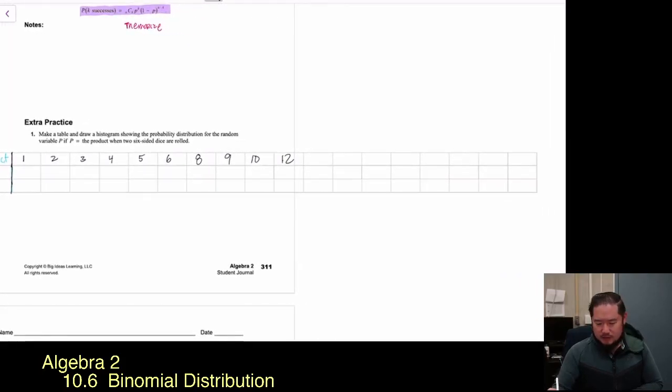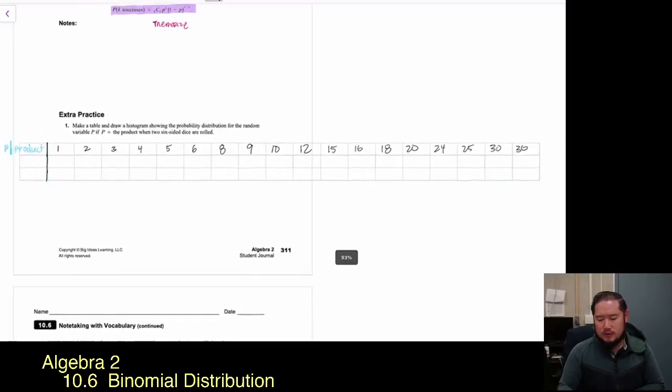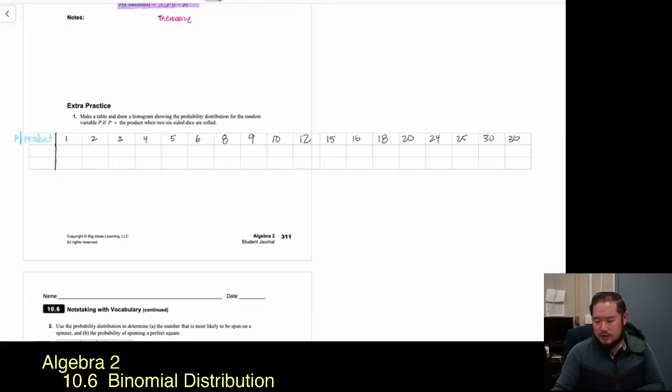So I'm going to go ahead and just put them all down. Hopefully now you understand how I'm getting these numbers. So these are all different factor combinations with the two dice. Like 36 will be if I roll a 6 and a 6.